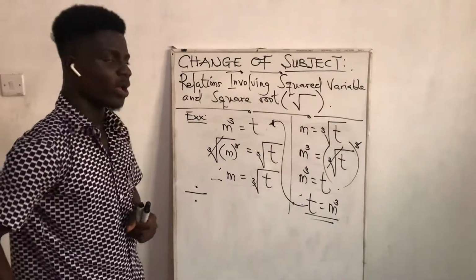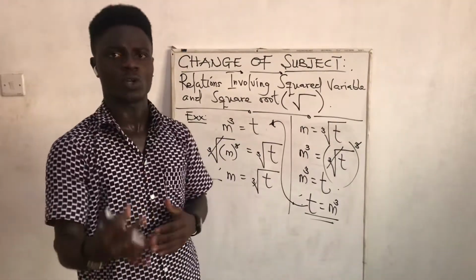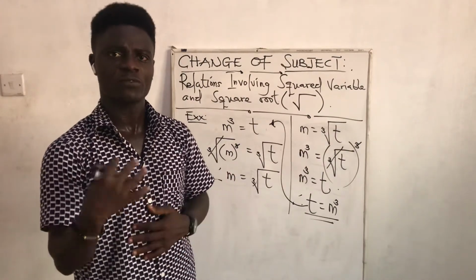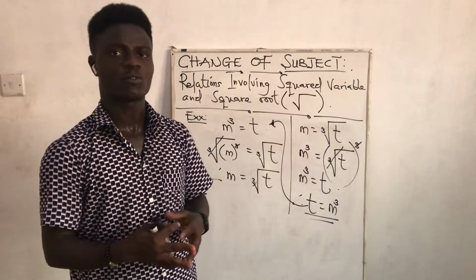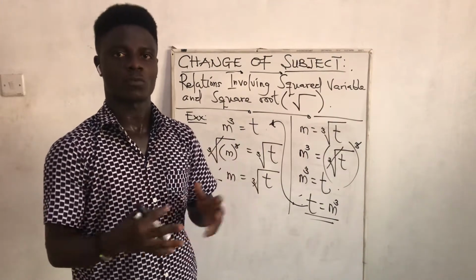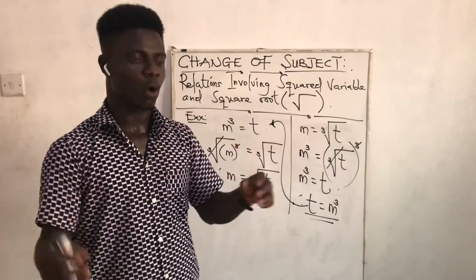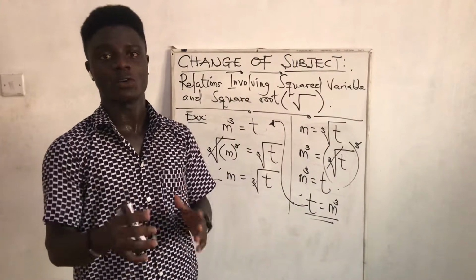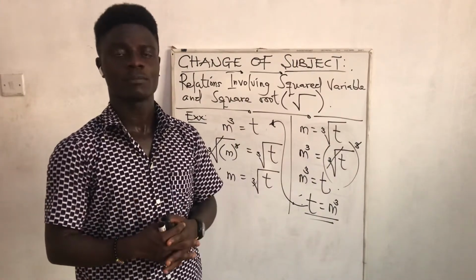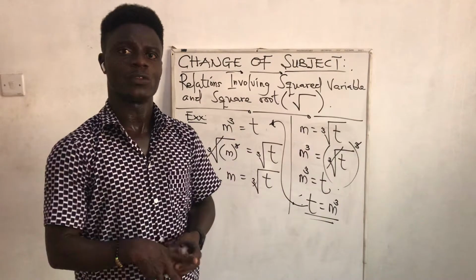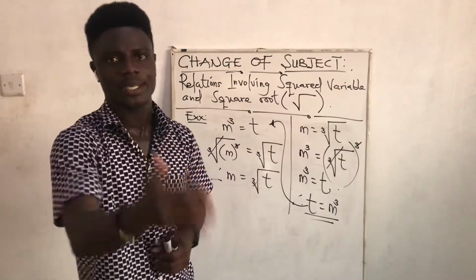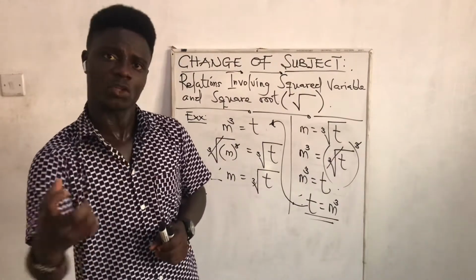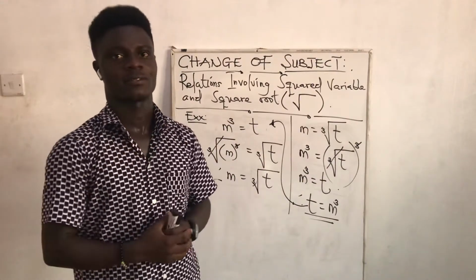All right. We did relations involving fractions. I said when you have a relation involving fractions, you have to find the LCM, the least common multiple, or the lowest common multiple. When you find the LCM, you multiply each term by the LCM, so that it takes away the denominators or the divisors.